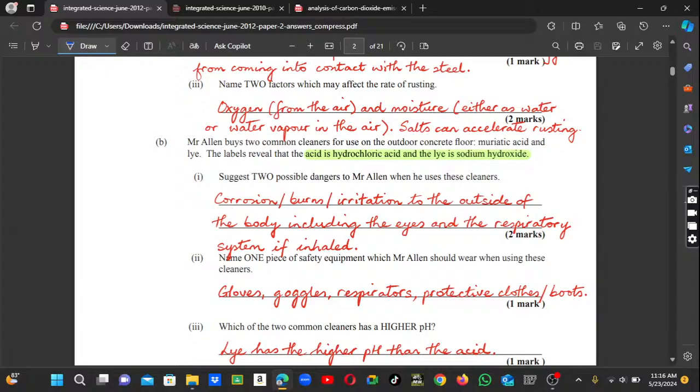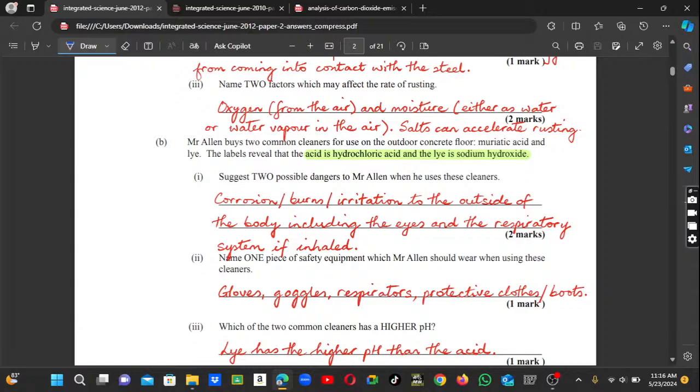So first and foremost, guys, when Mr. Allen buys the 2 common cleaners, the problem he would have when he's using the cleaner is that it would cause corrosion. Corrosion such as burns and irritation to the outside of the body, including the eyes and respiratory system if inhaled.